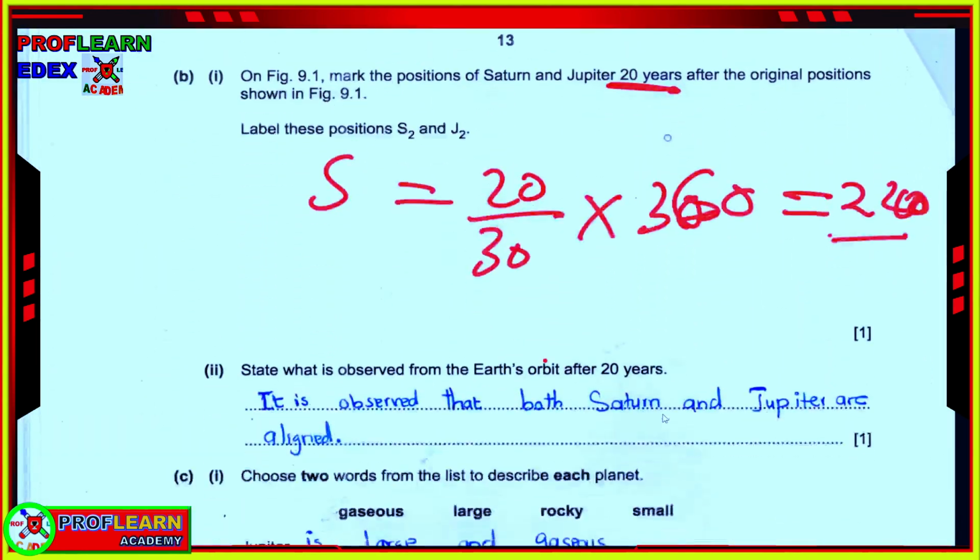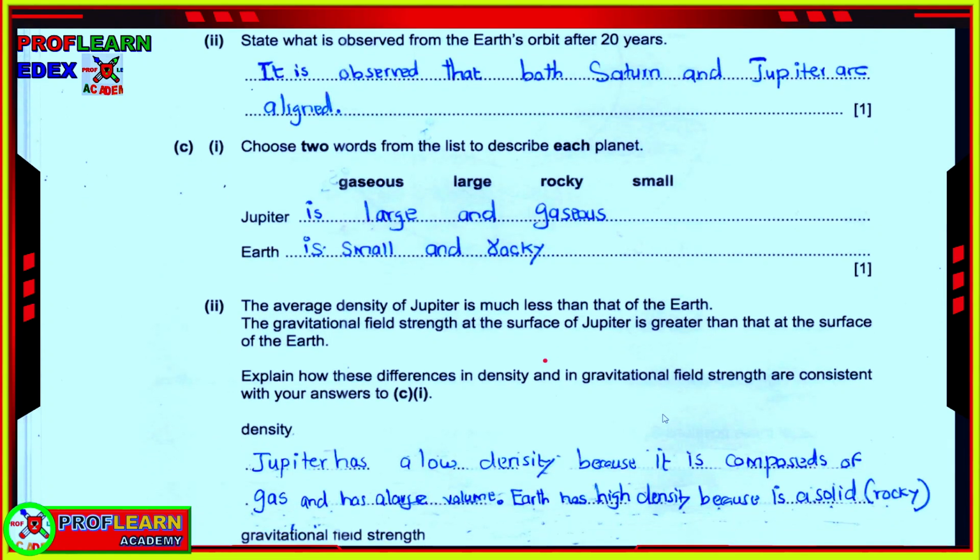Let's move to the next area and see what was asked. Choose two words from the list to describe each planet. Jupiter is a large and gaseous planet, and we can also say Earth is small and rocky.